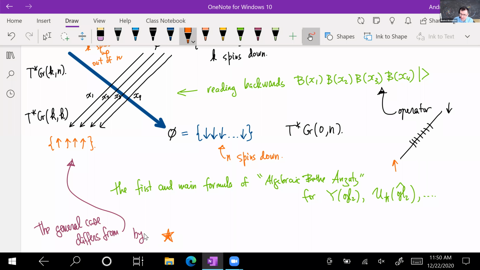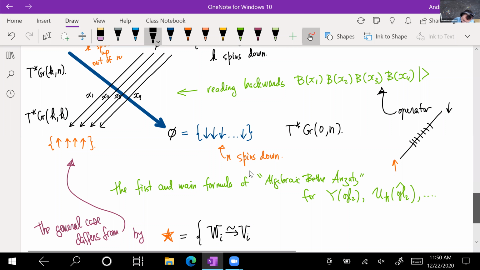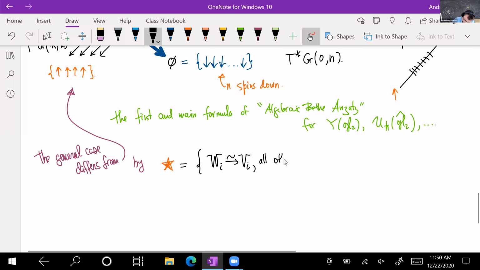This point has a concrete description. Maybe I can characterize this point by saying that each W_i is isomorphic to the corresponding V_i, or the other way around, depending on stability. All other maps here are 0, or the opposite map is the isomorphism, depending on stability.